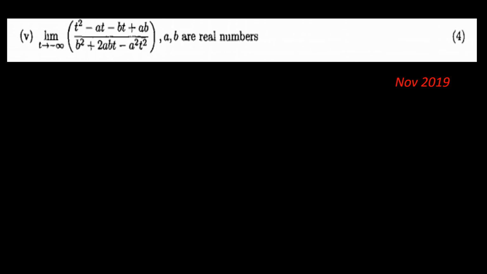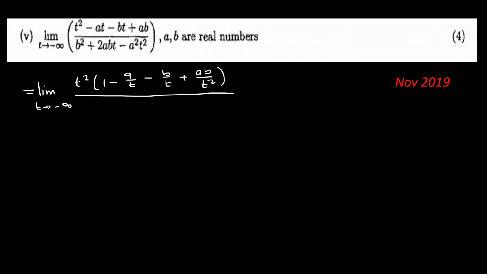So we do the same process again, remove the term with highest power, which at the top will be t squared. Then I'll be left with 1 minus a over t. Remember, if I remove t squared, I'm dividing everything by t squared. Then here it's b over t. Here it's plus ab over t squared. At the bottom, what's the highest power? It's also t squared.